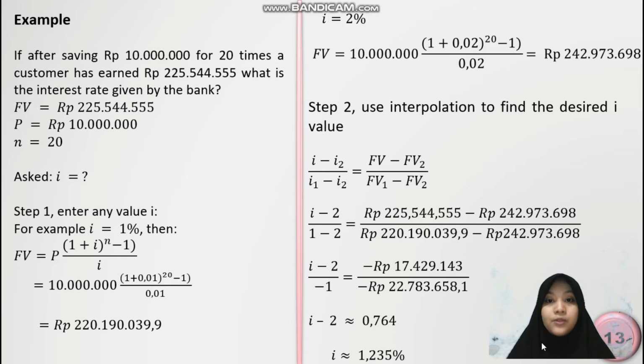Then step 2, we use interpolation to find the desired i value. We get the interest rate is 1.235%.